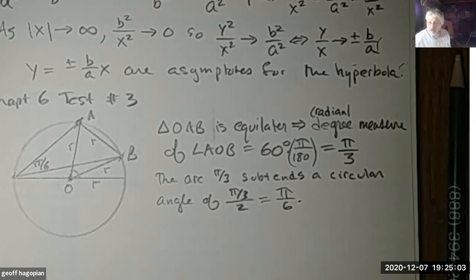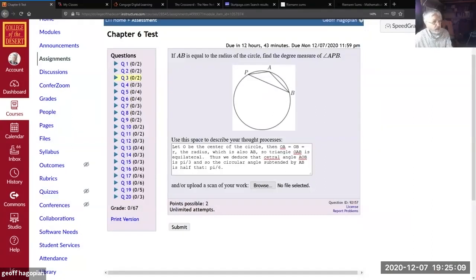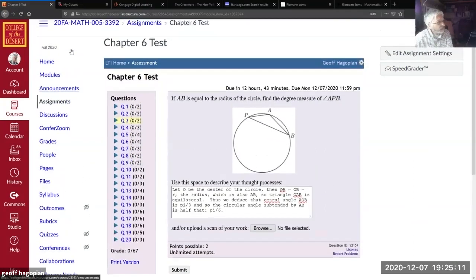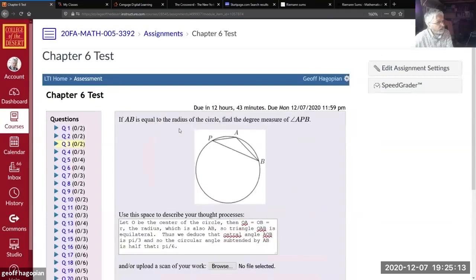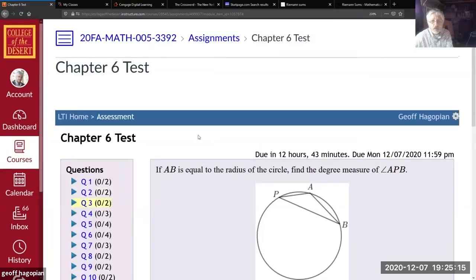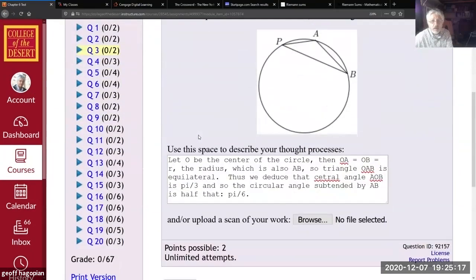So if we go back, oh, you couldn't see what I was writing. I didn't realize that. And this is very small, isn't it? Can we make it larger? Right. So what I wrote in here was: let O be the center of the circle, then OA equals OB, I didn't draw that in here, because I can't draw there.